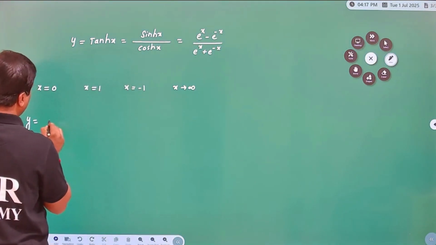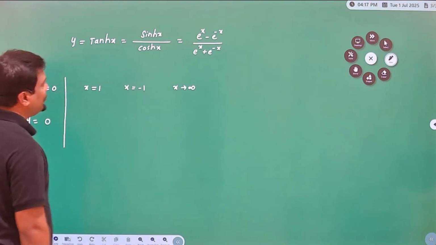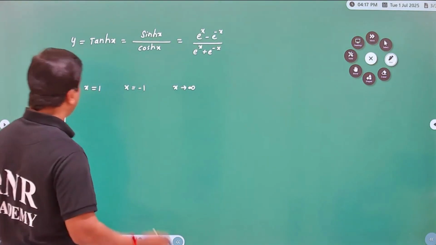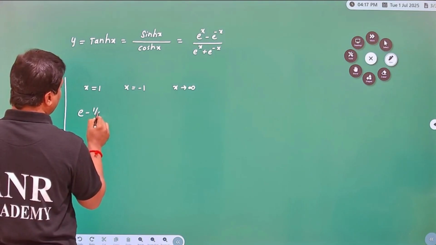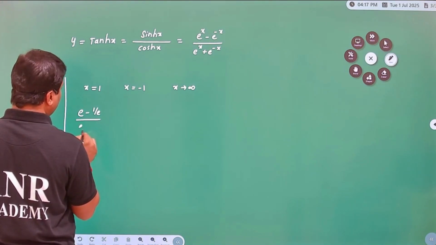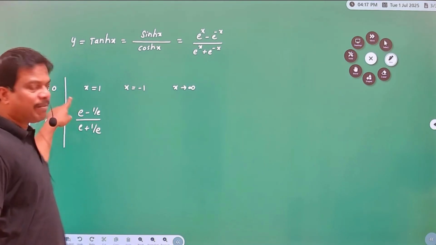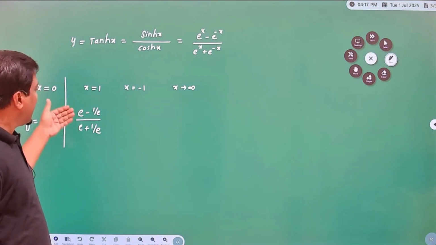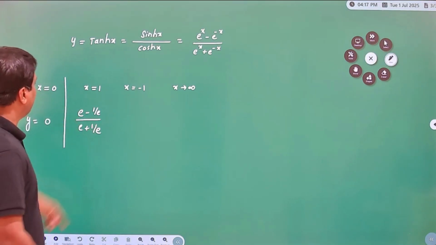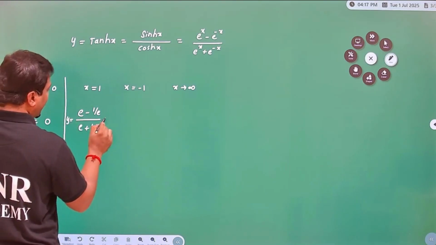It gives the result 0. Next, when you put x value 1, it is e minus 1 by e divided by e plus 1 by e. E minus 1 by e is less than e plus 1 by e. The denominator quantity is higher than the numerator quantity, so it should be less than 1.